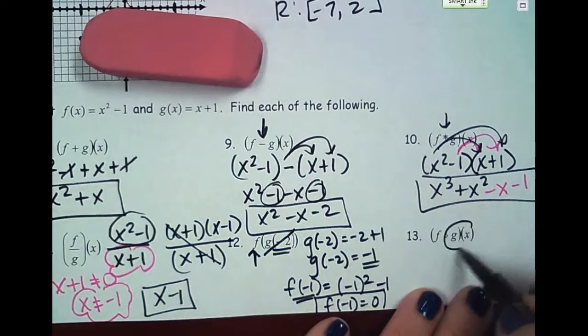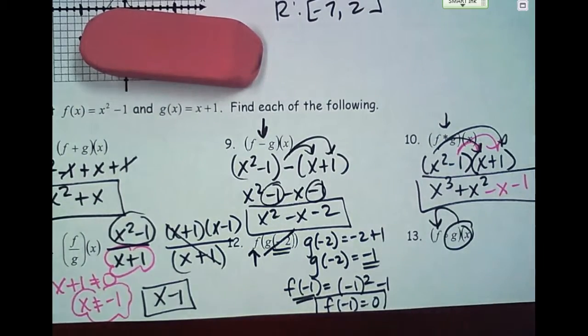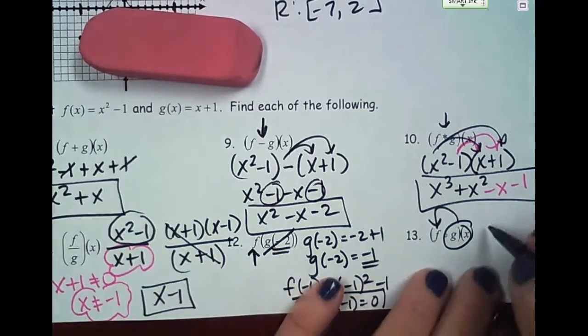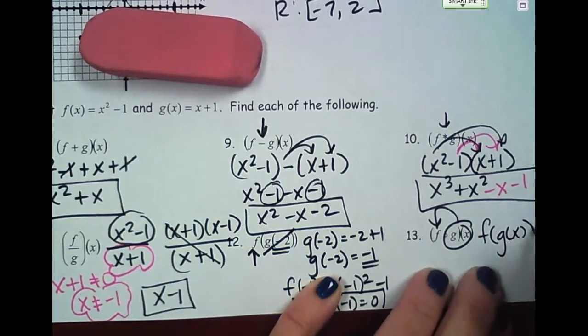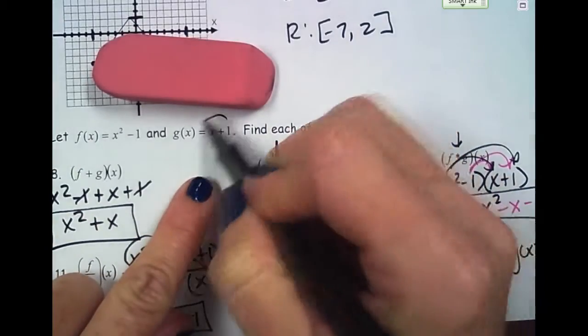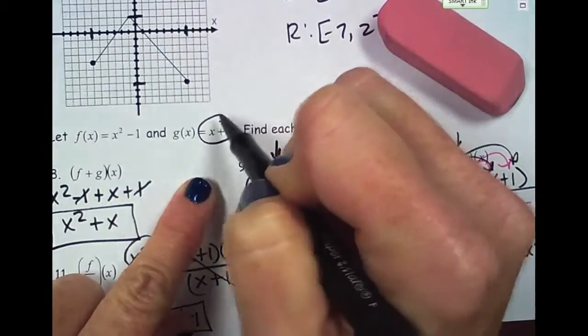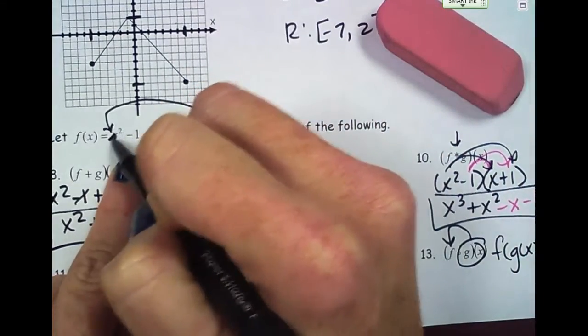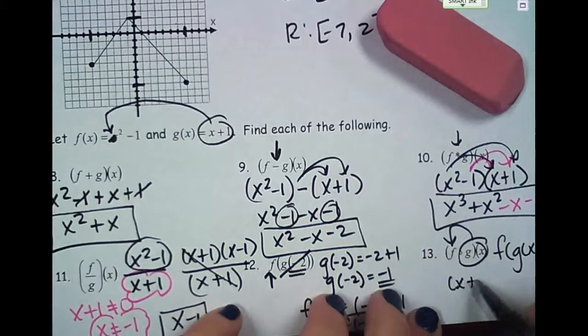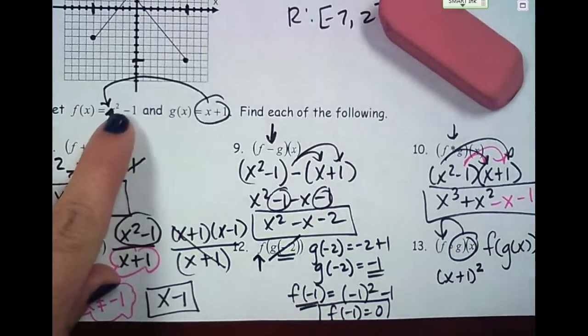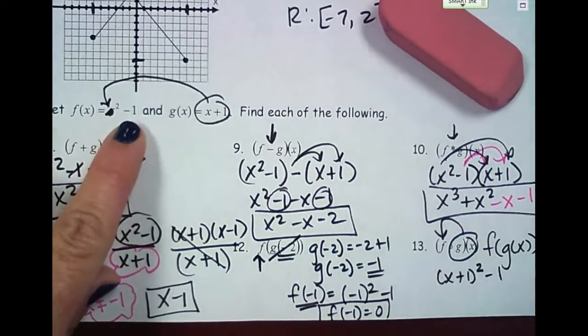This little circle, remember, you take g of x and plug it into f. It's the same thing as this. So if I take g, and I'm going to plug it in where I had x, so the x goes away, which means you want x plus 1 squared, right? Remember the squared? Minus 1.